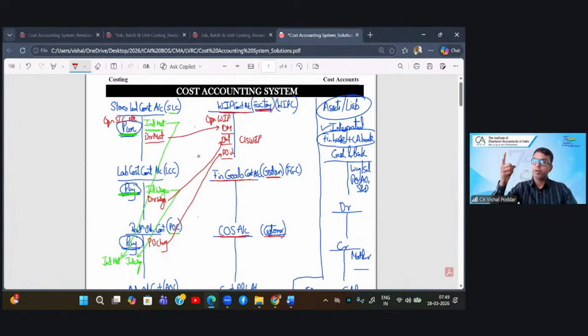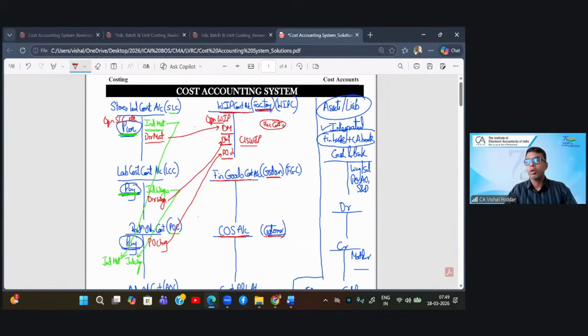In the language of cost sheet, what you get is factory cost. Now just visualize the cost sheet. This is material consumed. This is wages. Total of this is prime cost. To that you are adding factory overheads. To that you are adding opening WIP, subtracting closing WIP. So what you are getting is factory cost.